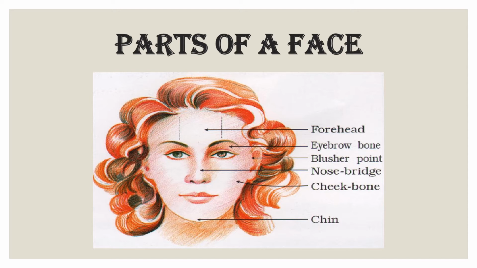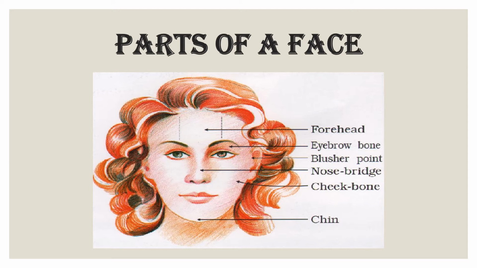So forehead, cheekbone and chin, these are very common, and most of you know these areas, right? But what about the eyebrow bone, blusher point, nose bridge? These three areas are quite new for you, right?